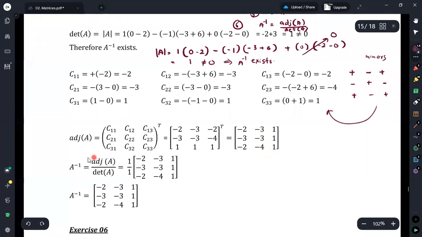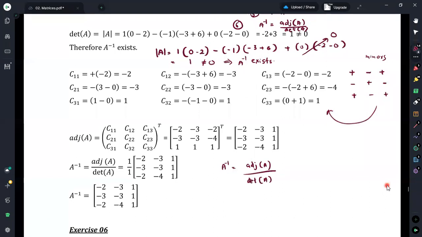Then we have to use the equation to obtain the A inverse. A inverse can be taken as the adjoint of the matrix divided by the determinant of the matrix. Rather than using this division, we tend to use it as multiplication. Therefore, we take this as 1 over the determinant.